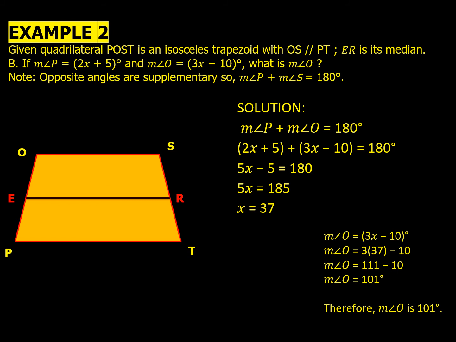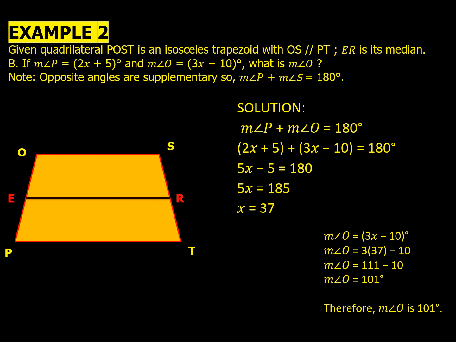So by substitution, we have 2x plus 5 plus 3x minus 10 is equal to 180 degrees. Combining now, 2x plus 3x equals 5x, and 5 minus 10 is equal to negative 5, and then bring down 180 degrees.